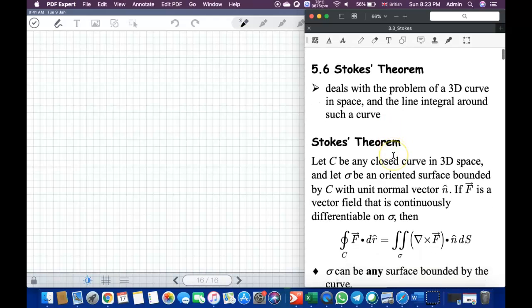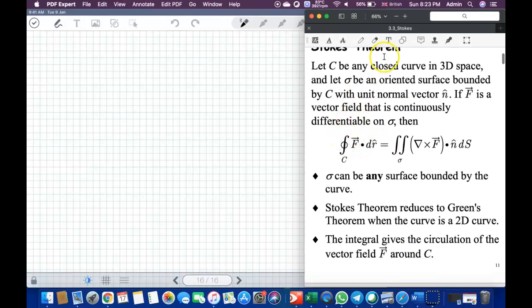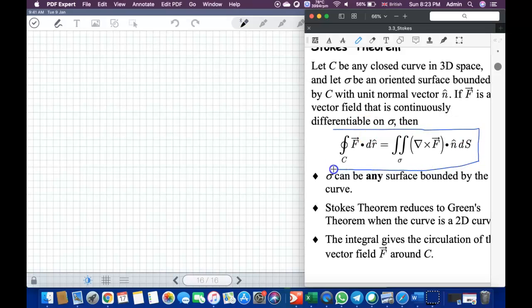So what is inside Stokes theorem? This is what Stokes theorem looks like. The way you implement Stokes theorem is not just like Green's theorem and Gauss theorem.